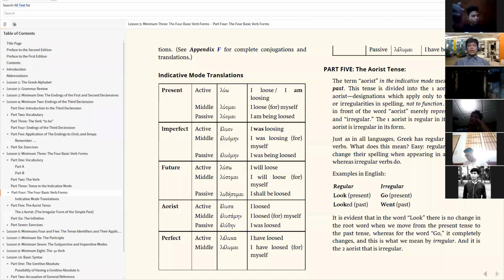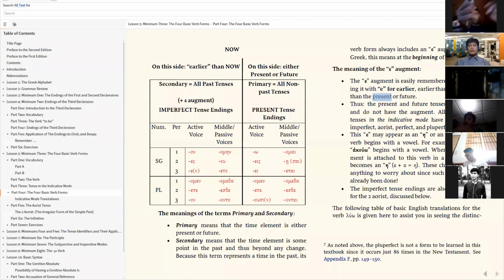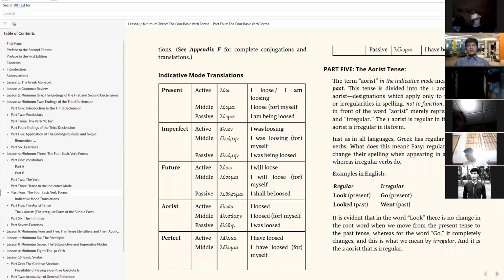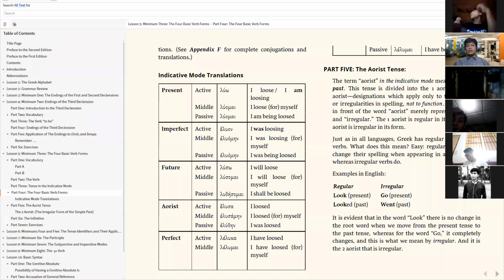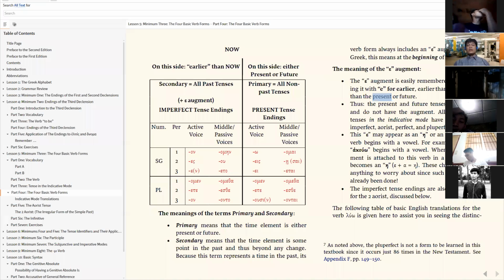For the middle future, you say lusomai, lusei, lusetai, lusometha, lusesthe, lusontai. For the passive, you have luthesomai, luthese, luthesetai, luthesometha, luthesesthe, luthesontai.